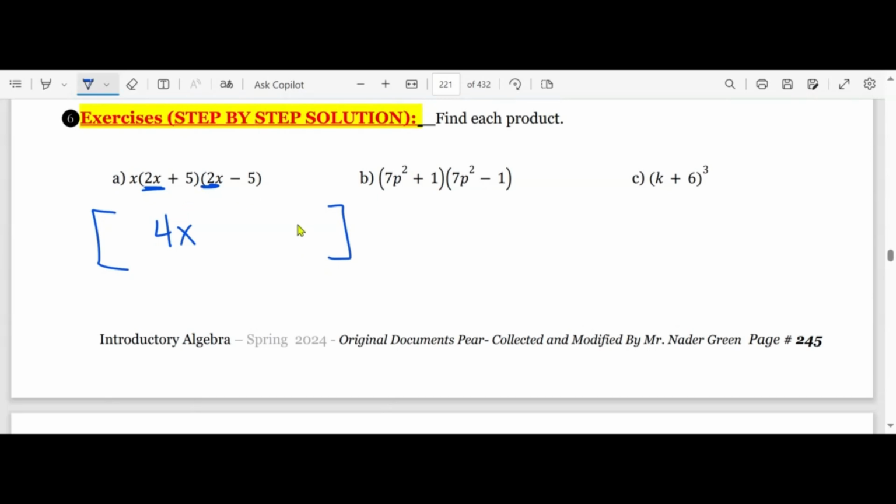What about the first and the second? 10x.